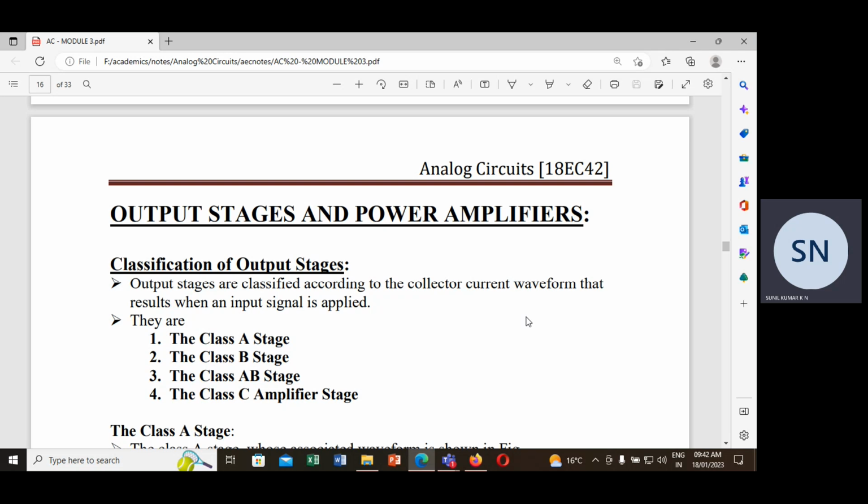Here you can see the small signal difference comes in, but as it passes through the intermediate stage, the signal amplitude increases greatly, so the output stage has to deal with the large signal. The large signal acts as the input, and from it the output stage delivers the output in terms of 10 power 6.